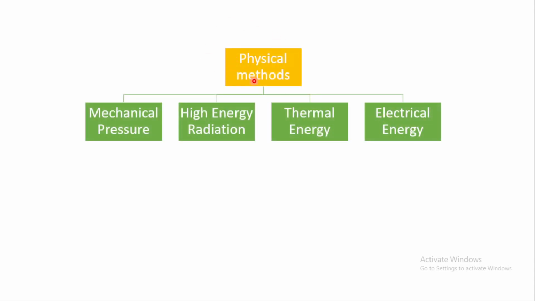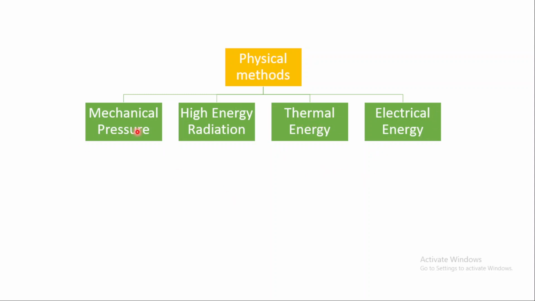So if we start from basics, what are the different physical methods we use for nanomaterial synthesis? And as we have already understood, most of the top-down approach uses all these variety of physical methods. So there are four different varieties of physical methods. We can either apply mechanical pressure on the bulk material, high energy radiation on the bulk material, thermal energy or electrical energy.